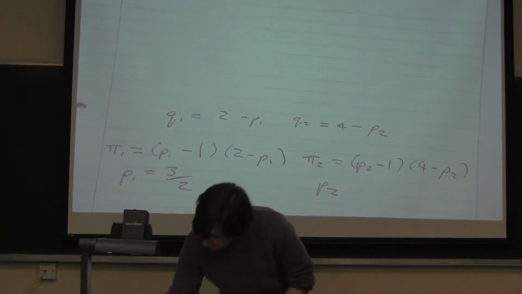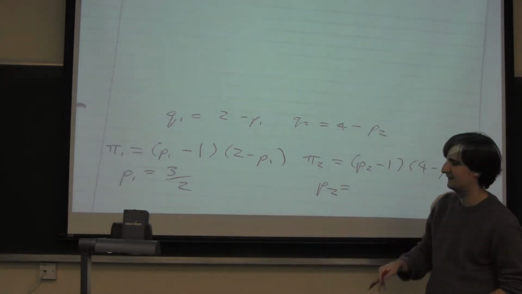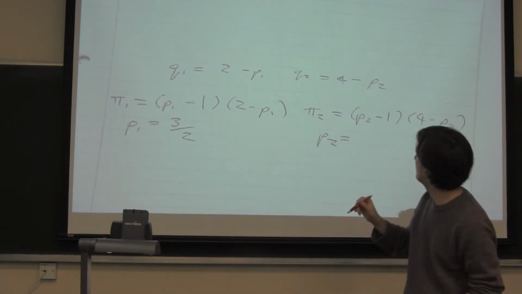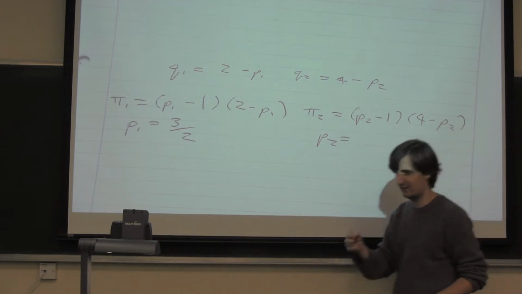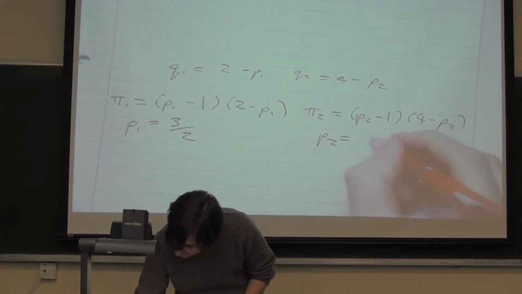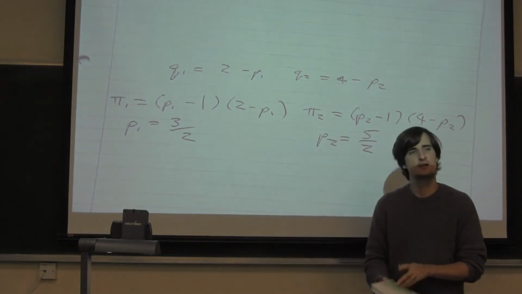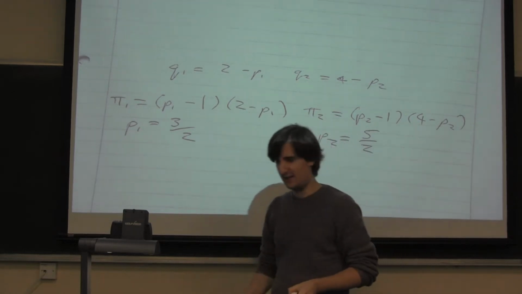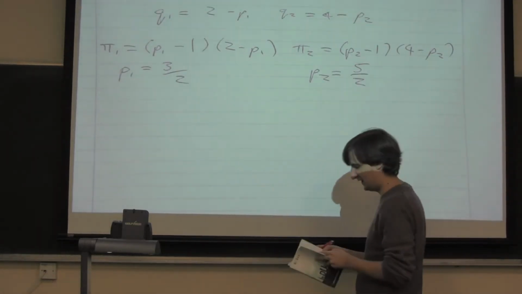What's the optimum price in the second market? The zeros are 1 and 4, so it's 5 over 2. It's a lot easier than doing a load of calculus once you know the trick.